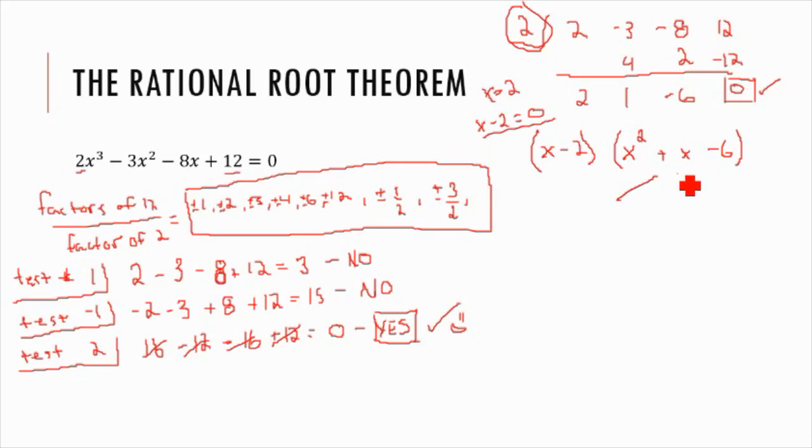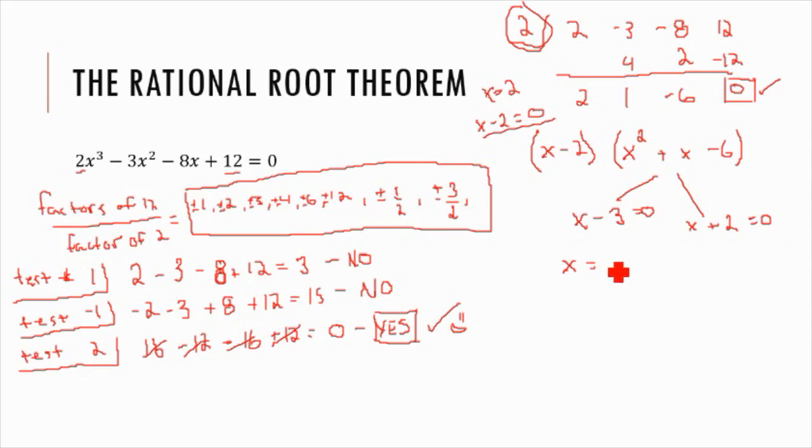And from there I can ask what multiplies to negative 6 and adds to a positive 1. And I'm going to say x minus 2 and x plus 3. From there, I get 0.